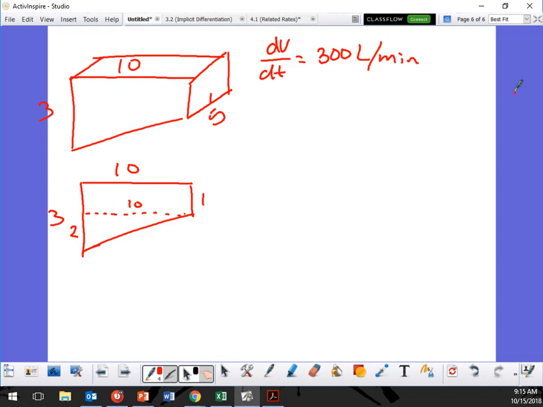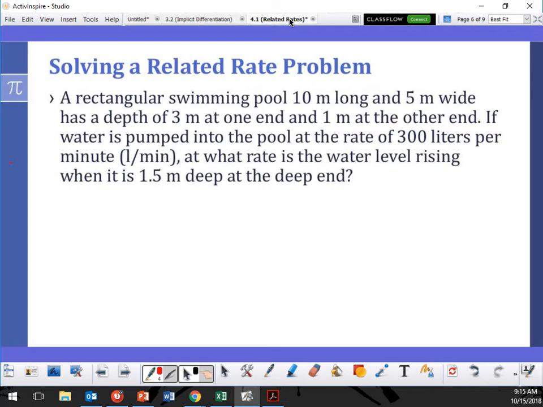Now, as I go back to the question, water's pumped into the pool at 300 liters per minute. At what rate is the water level rising when it is 1.5 meters deep?